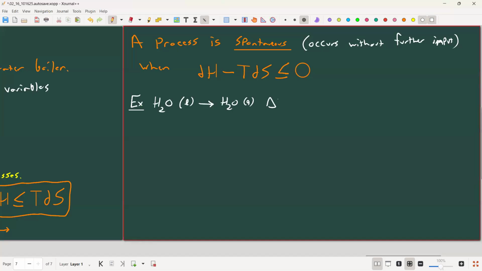All right, so we know that delta H here is positive, and it's 40 kilojoules per mole, roughly, at 43. We'll do it at room temperature.